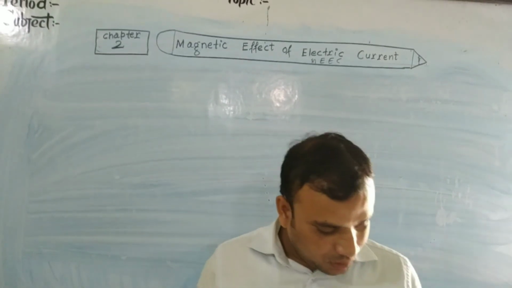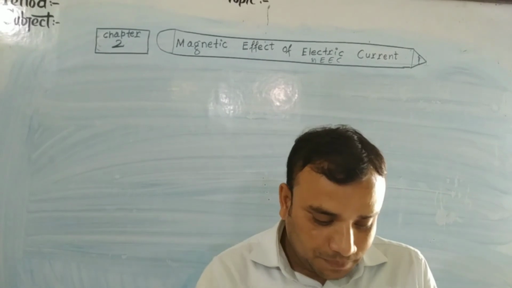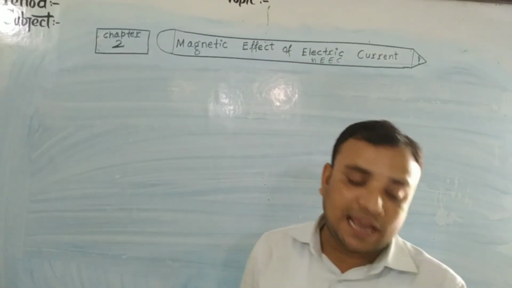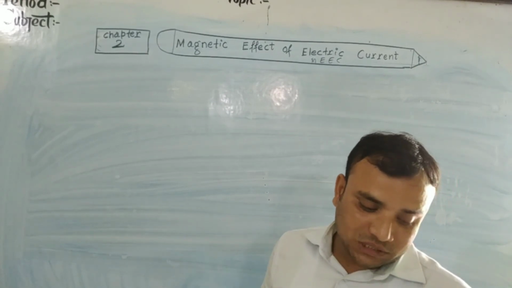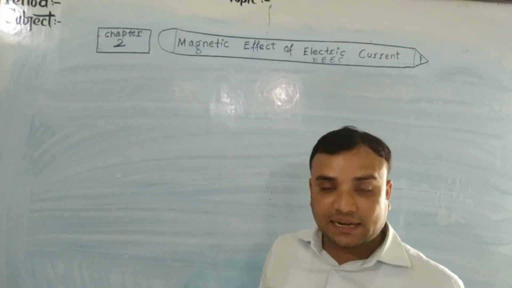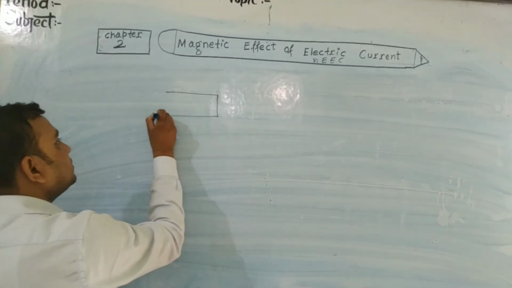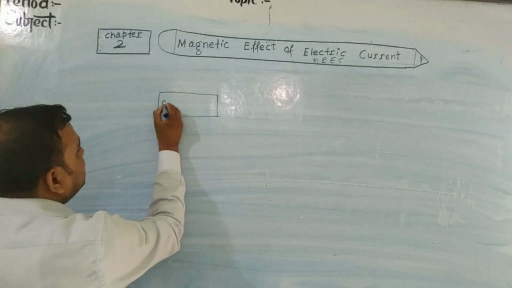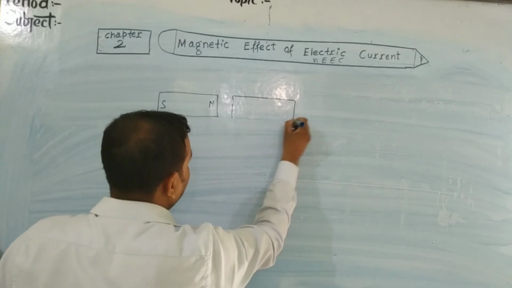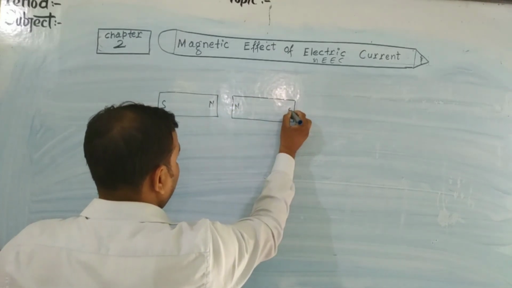It has been found by experiment that like magnetic poles repel each other and unlike magnetic poles attract each other. That means you take a bar magnet with south pole here and north pole here, and another bar magnet with north pole there and south pole here.